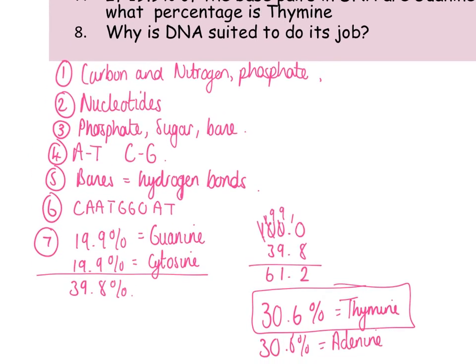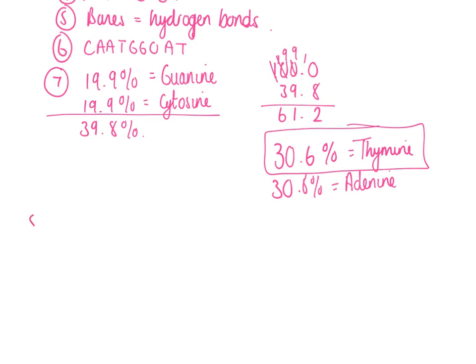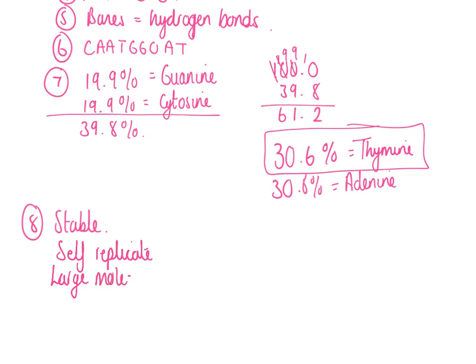And then why is DNA suited to do its job? It's suited to do its job because it's stable. Okay, it can also self-replicate. It's a large molecule, so it can hold lots of information.